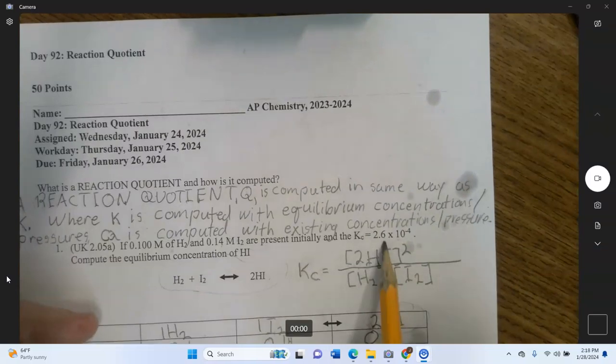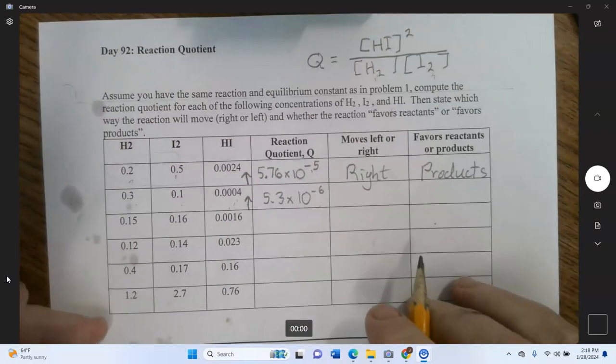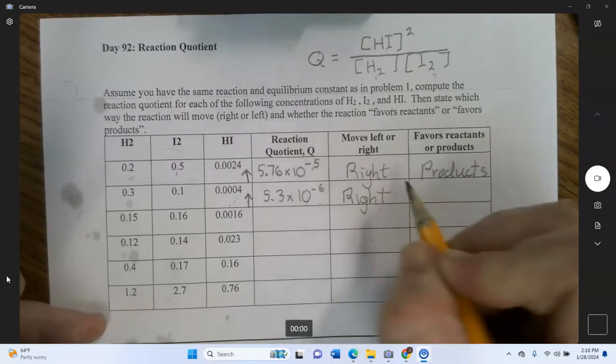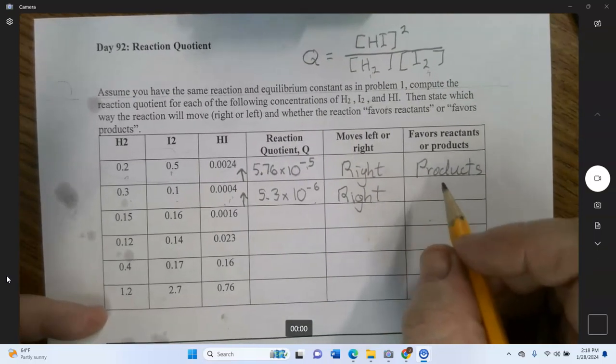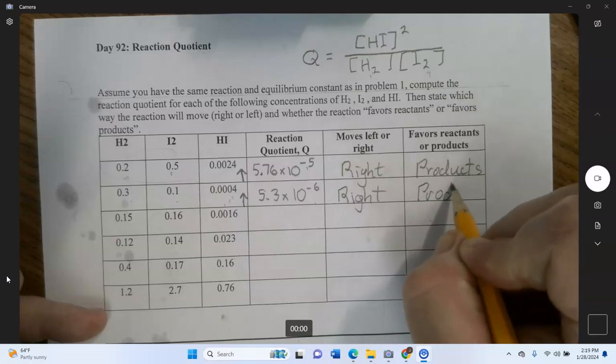Okay, again, that's going to be smaller than our equilibrium constant of 2.6 times 10 to the minus 4, that means this is going to move up. So again, it's going to move to the right. If the Q is smaller than the equilibrium constant, it wants to increase the product, so it's going to move to the right. It's going to favor products.